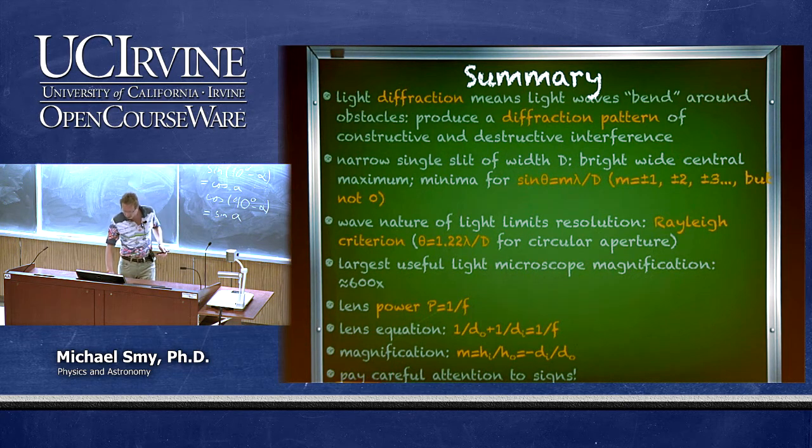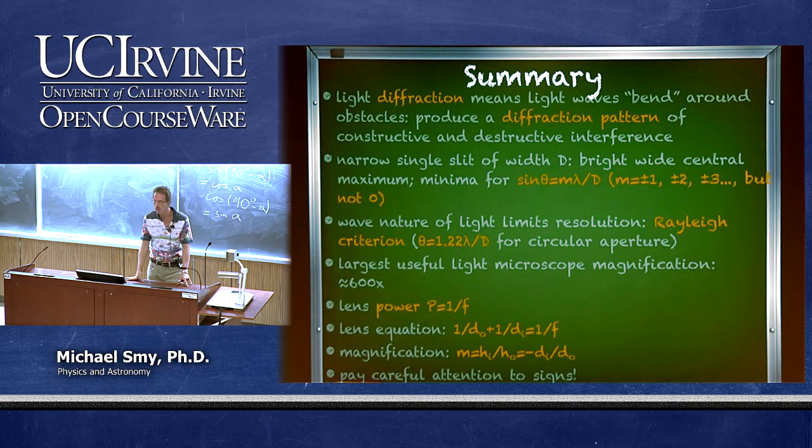And the wave nature of the light limits the resolution that you can obtain with optical instruments. The so-called Rayleigh criterion tells us that the diffraction pattern due to a circular aperture limits the resolution.